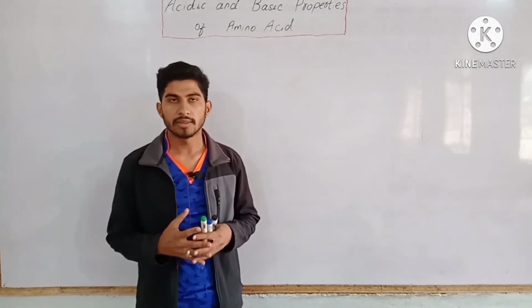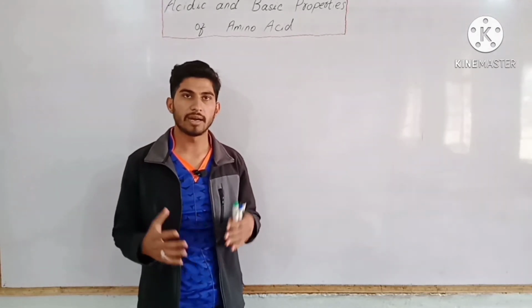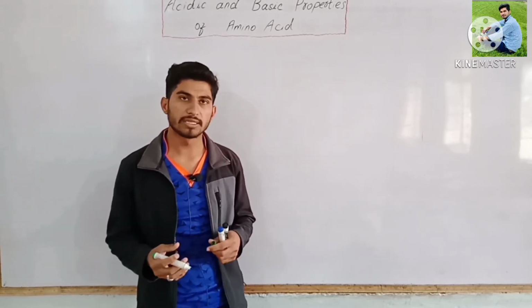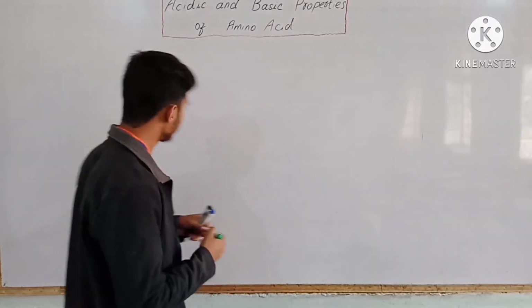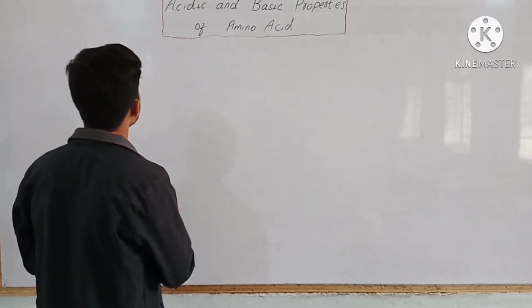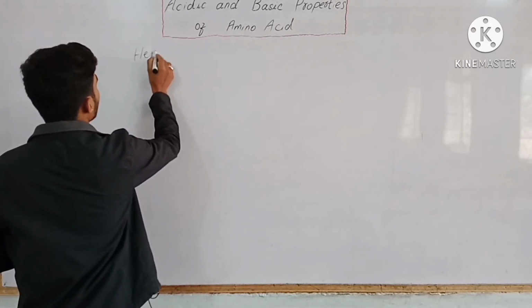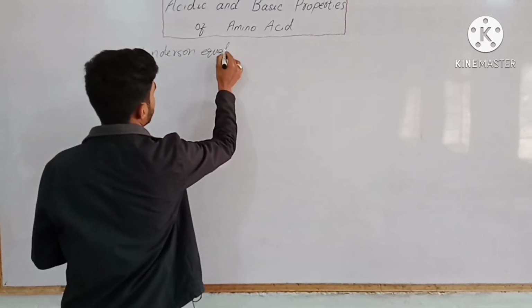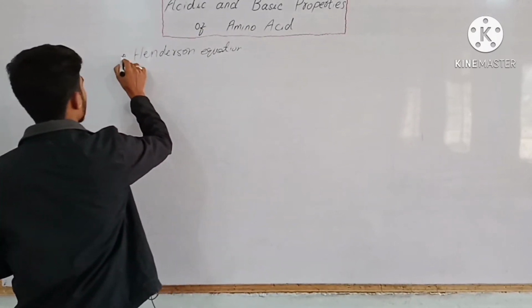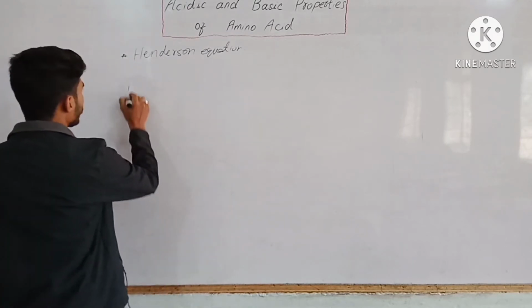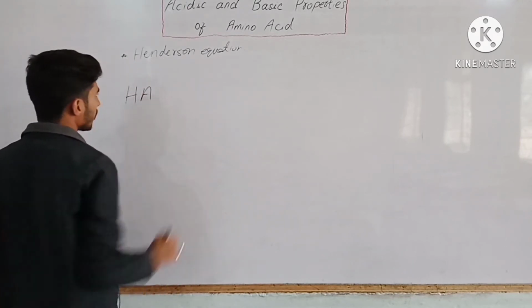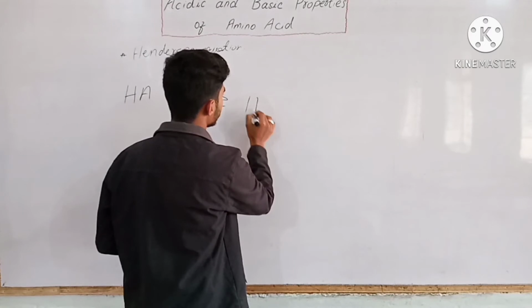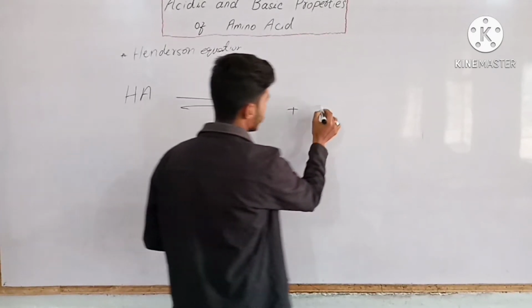We will calculate the pH of an amino acid by the Henderson equation. For this purpose, consider a weak acidic amino acid which dissociates into protons and its conjugate base.